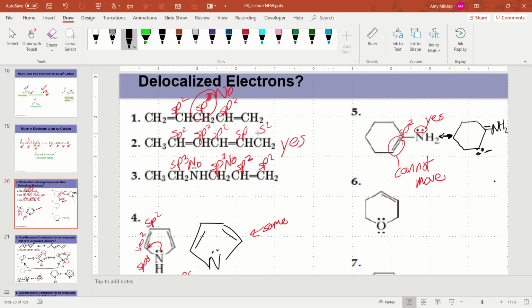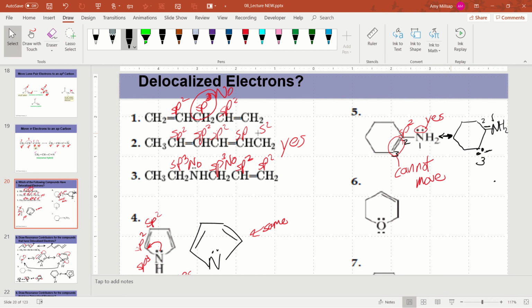So if we number the nitrogen as 1 and then 2 and then 3 assigned to the pi carbons in the original structure, now we have a pi bond between N at 1 and C at 2, but a lone pair on the carbon at position 3. And so these are two valid resonance structures.